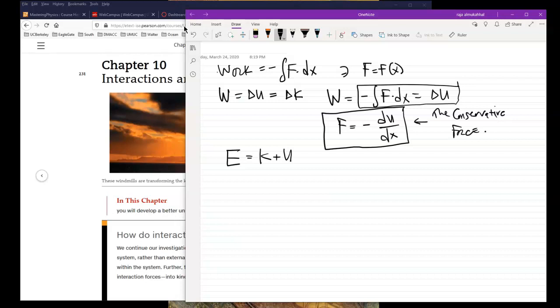The answer is no. Whenever there is an increase in kinetic, there is a decrease in the potential. The converse is true: if there is an increase in the potential, there is a decrease in the kinetic. Why? Because that decrease and increase will always be equal, in such a way that E will always be constant. This is important. You see what I'm saying? So this E here is a constant, and that's really the statement of the conservation of mechanical energy.